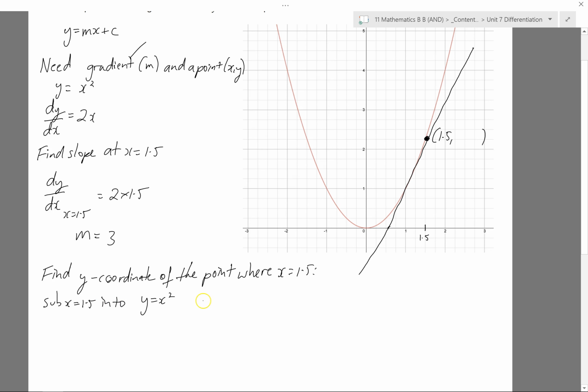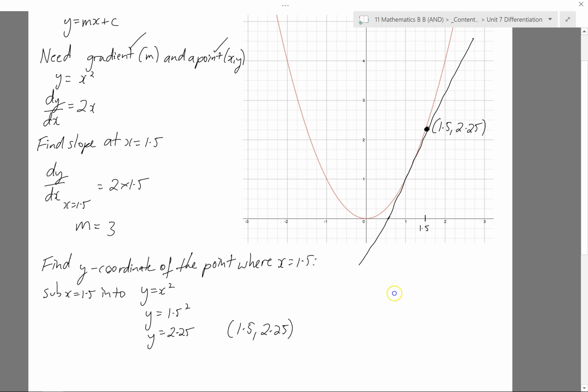So y equals 1.5 squared, y will be 2.25. So my point is (1.5, 2.25). And now I can tick off that I have the point. So now I should be able to find the equation of that tangent line.